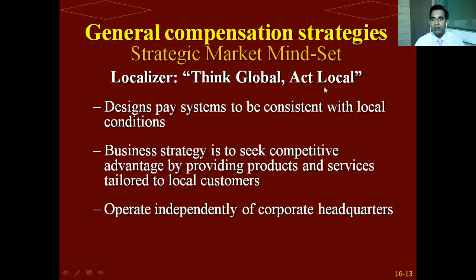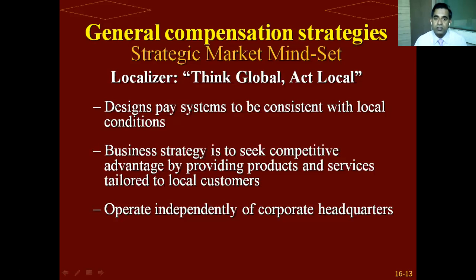Think global, act local is the statement, according to which the employer designs pay systems to be consistent with local conditions. If TCS is sending its IT employees to the US, in California, TCS may design the pay system accordingly. I'm just giving an example; we are not aware whether TCS follows this strategy, as they don't reveal this information unless it is given in the textbook.